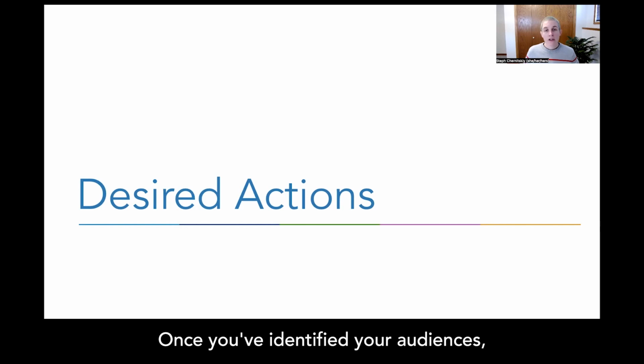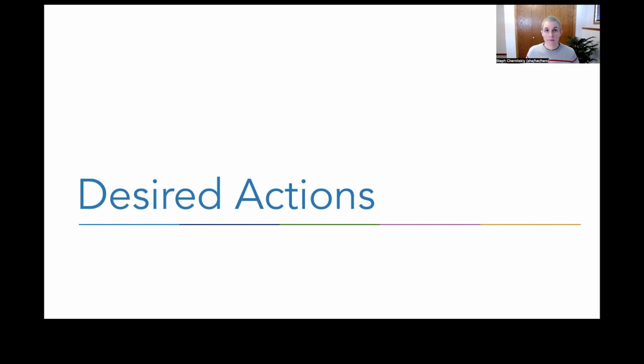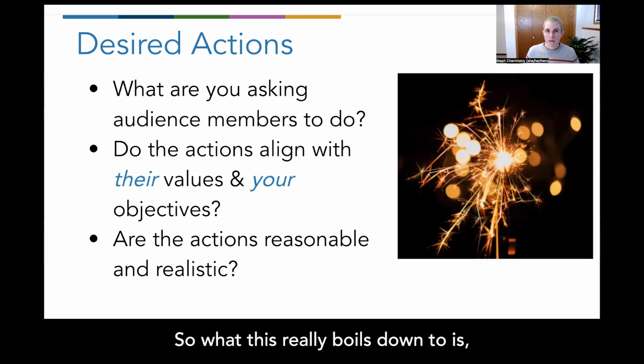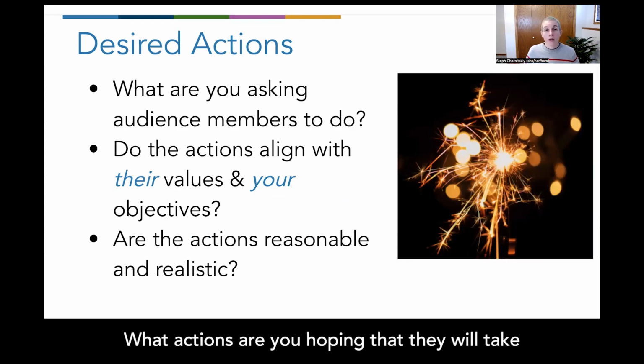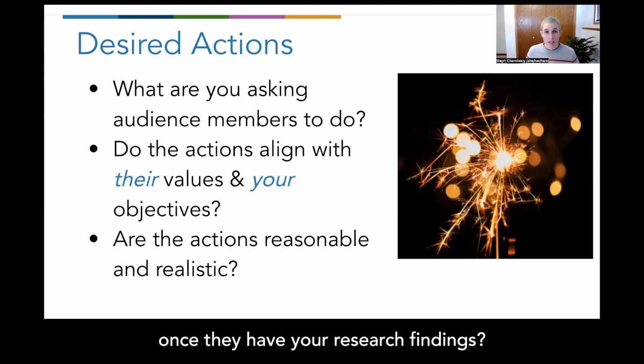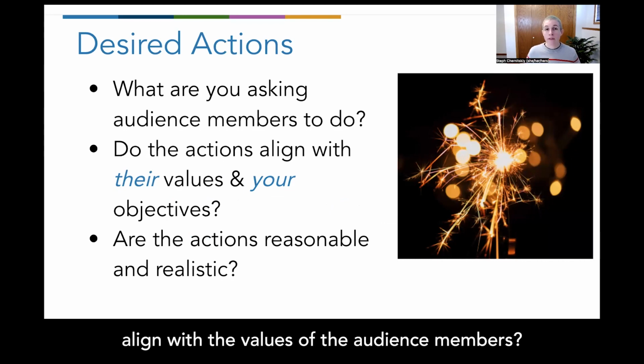Once you've identified your audiences, the next step and the second column of the dissemination strategy template is all about desired actions. So what this really boils down to is, what are you asking audience members to do? What actions are you hoping that they will take once they have your research findings? Additionally, you should ask yourself, do those actions align with the values of the audience members?